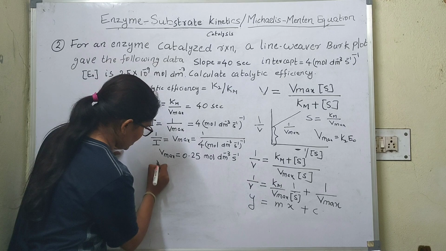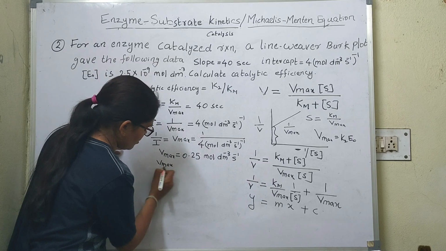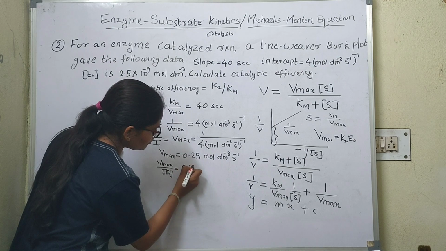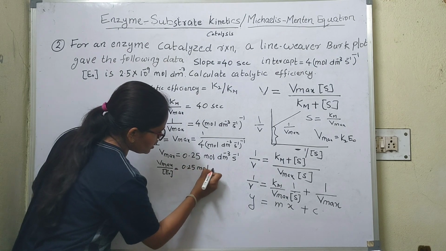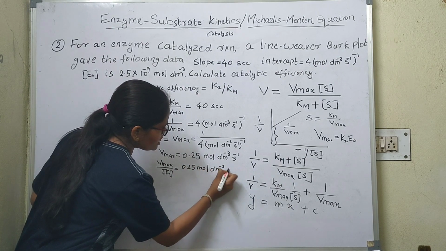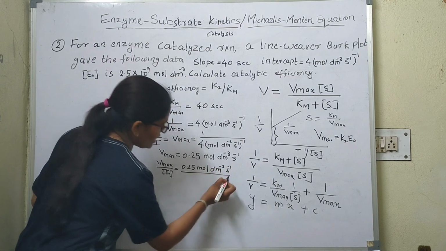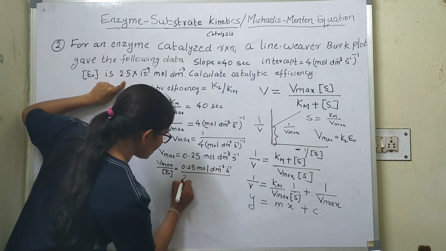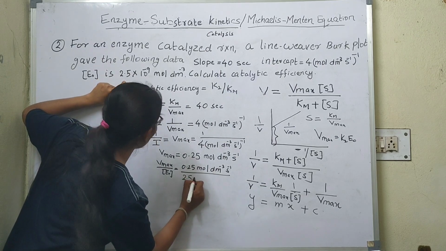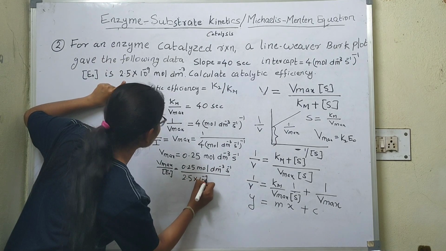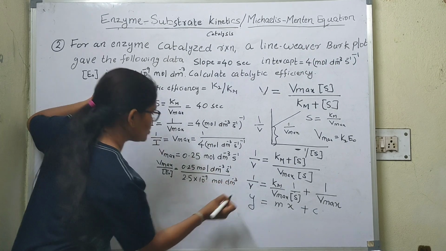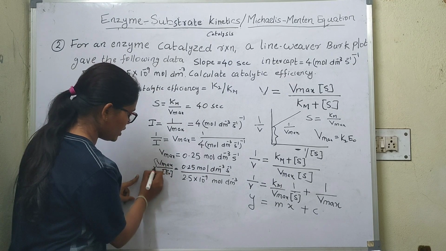So I will do Vmax by E0, which is 0.25 mole dm power minus 3 second inverse by initial concentration of enzyme, 2.5 into 10 power minus 9 mole per decimeter cube. So this will be K2.